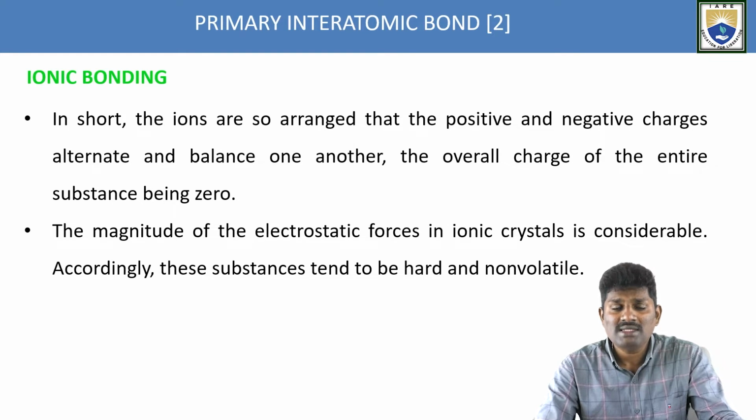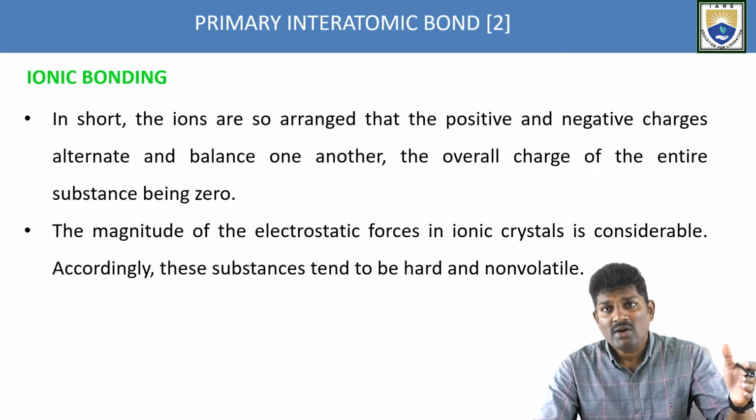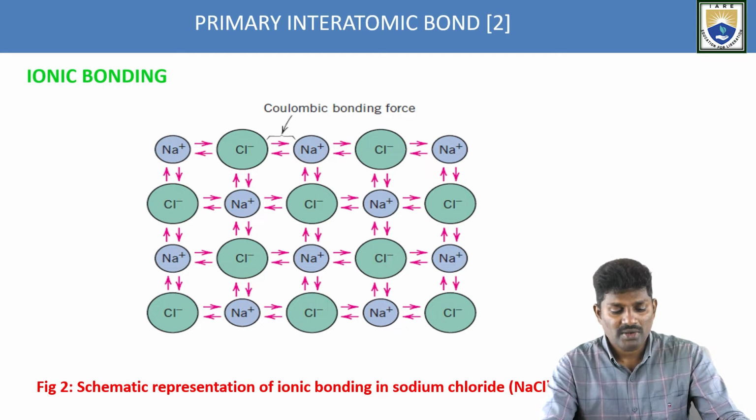Because you are balancing these two, arranging both the charges alternately, positive negative, positive negative. So you get the balance, and the total charge of the entire substance is zero because you're balancing everything. And the magnitude of the electrostatic force in ionic crystals is considerable, and accordingly you get a hard, non-volatile substance. And this is how you are arranging.